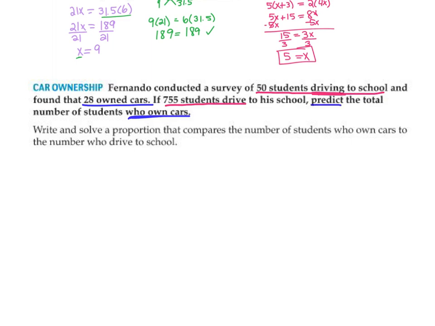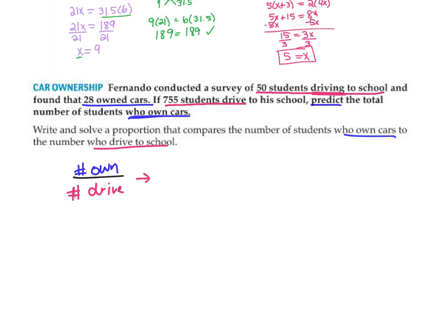Most important thing, write and solve a proportion that compares the number of students who own cars, remember that was our blue, to the number of students who drive to school. When we're writing these proportions, these ratios, we want to write them in the order they are stated. So the number who own over the number who drive, which is pink.